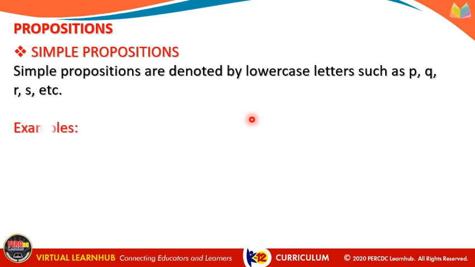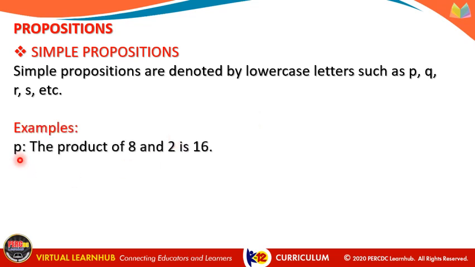Example, let's say you have the proposition P, which says the product of 8 and 2 is 16. So let's say you were asked, kindly make a conclusion. Can you make an observation out of this proposition? Is it true that the product of 8 and 2 is 16?